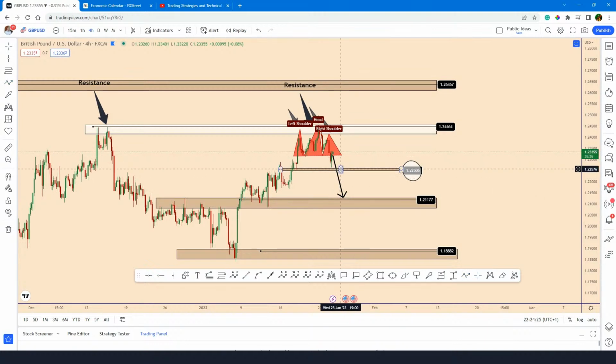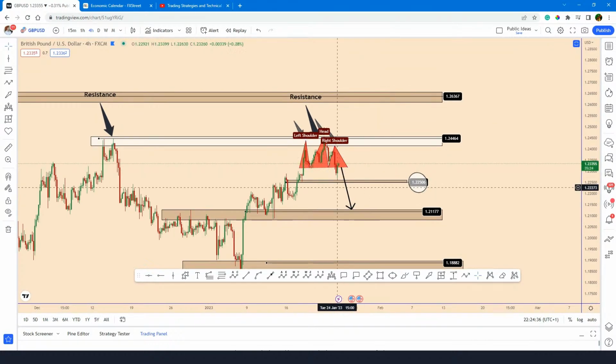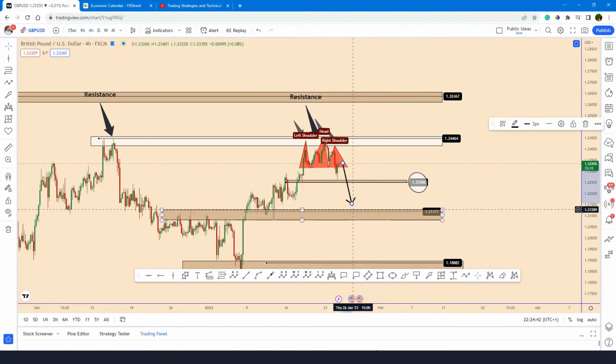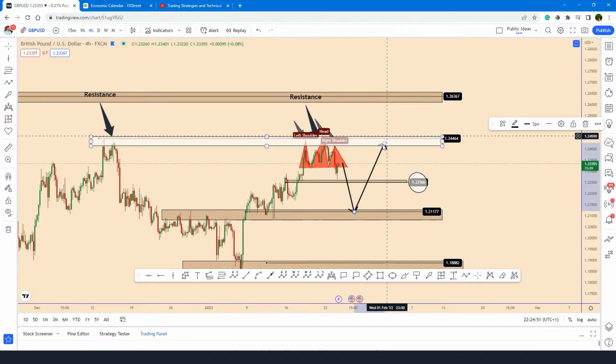However, everything will be related to the FOMC. We are going to have the FOMC next Friday, on February 1, and probably the market will begin to interpret the data related to the FOMC. The bearish movement that I am expecting may happen before the FOMC, and after that we may see another bullish movement.